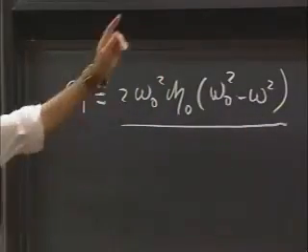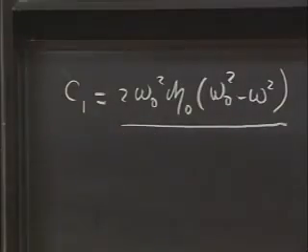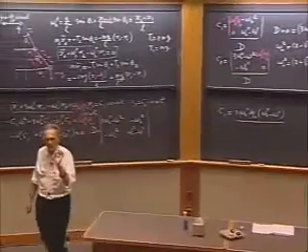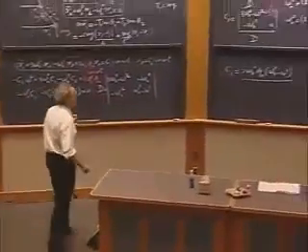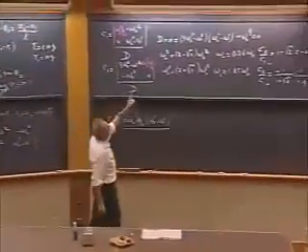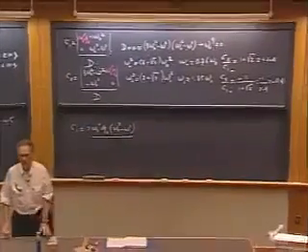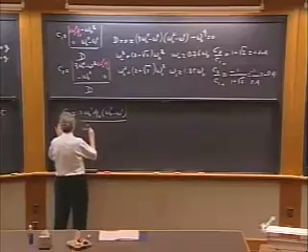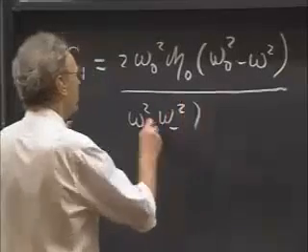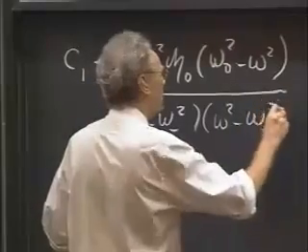Now I could write D in that form, and there's nothing wrong with that, but I can write it in a form which is a little bit more transparent. We do know that omega minus and omega plus will make D 0. So you can write this in the following way: omega squared minus omega minus squared times omega squared minus omega plus squared.